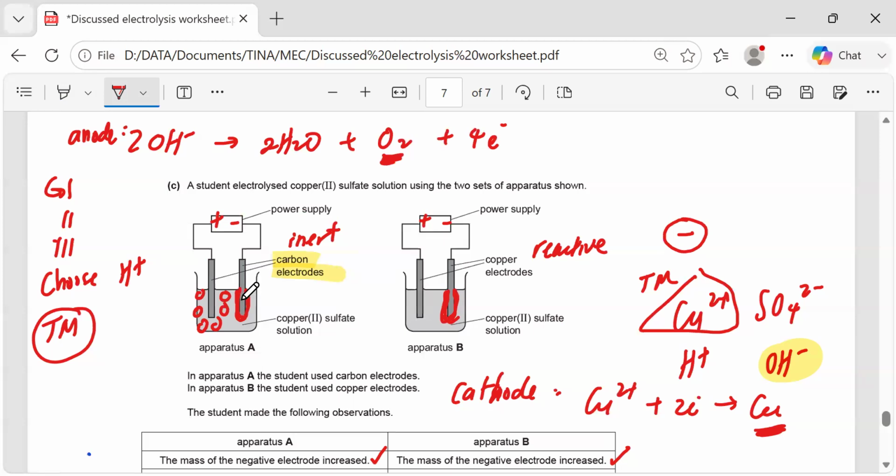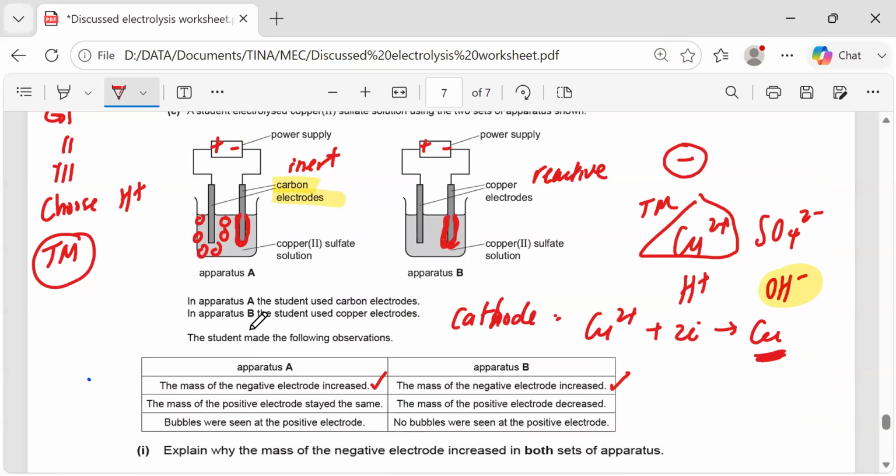You can see bubbling, but does it change the mass of the electrode? No. So you see, for apparatus A, the mass of the positive electrode stayed the same. Okay, but there were bubbles seen, and the bubbles were oxygen. You get it? Okay. But if this is made from copper, copper is a reactive metal in this reaction.